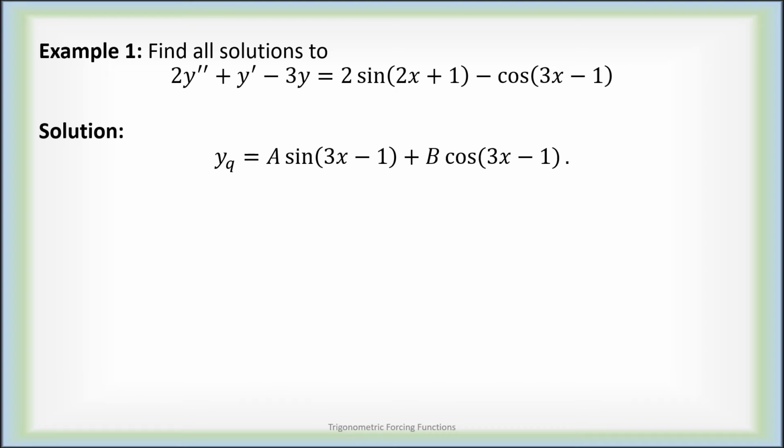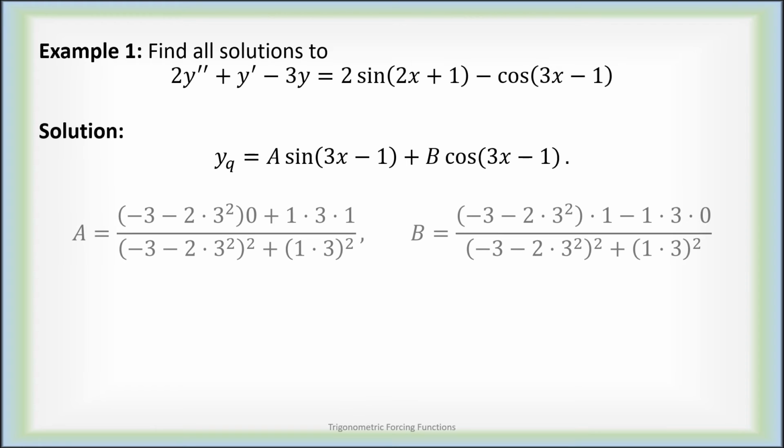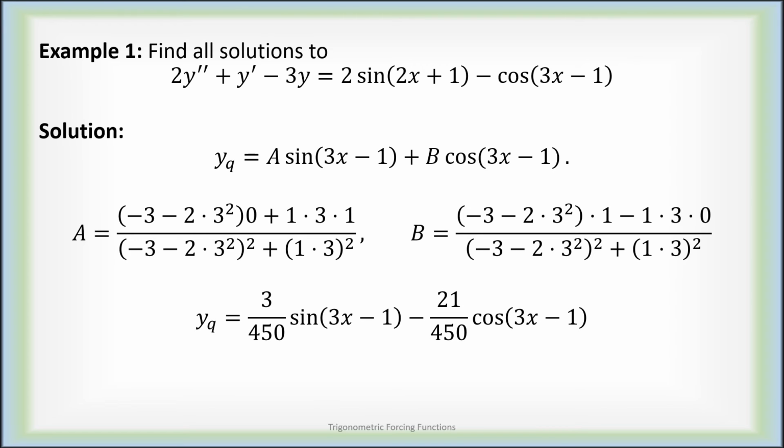So we have our second proposed solution to be something times the sine function plus something else times the cosine function. But if I take all the values from the previous slide and throw them into the formula we've already worked out, we end up with A being 3 over 450 and B being negative 21 over 450. So here is a particular solution that will produce the cosine of 3x minus 1.